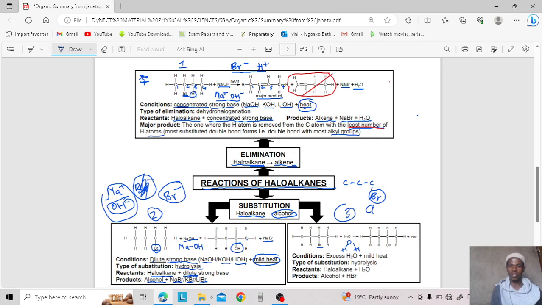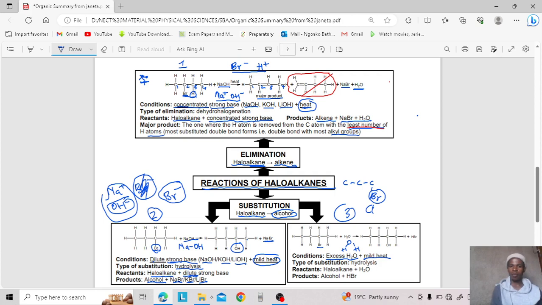The condition is that if you add water, there must be excess water, lots of water, or more than what is required. We still use mild heat, or medium heat. That is the reaction condition for when we add water.